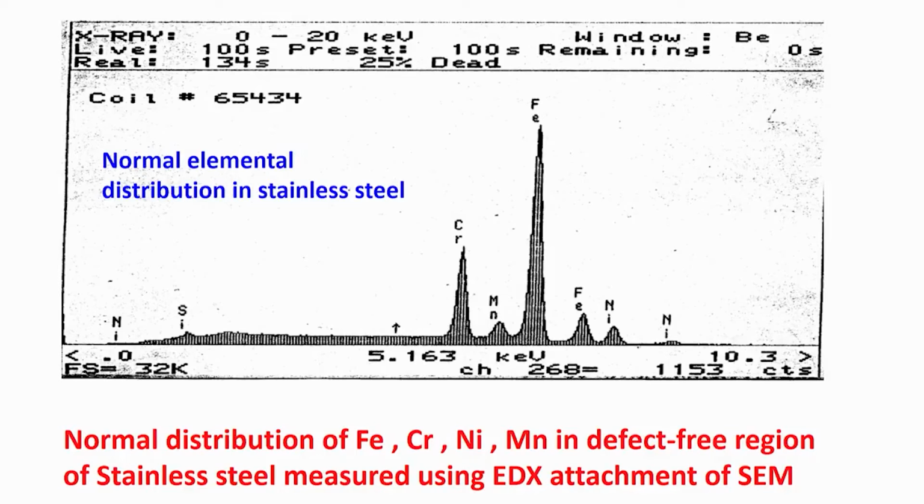All those elements are giving X-ray peaks, individual peaks, and you will find iron present only at a particular energy level. The x axis is the energy level. So, iron you will find at a specific energy level, chromium at a specific energy level. You find two peaks of iron: one is the K alpha peak which is quite strong, another is a small peak of iron which is K beta.